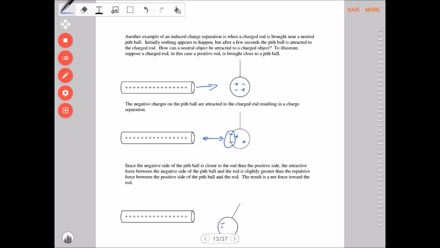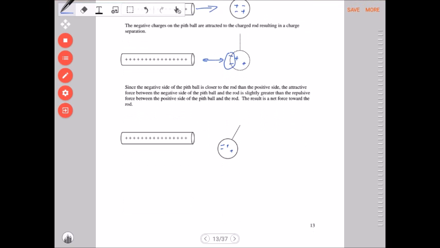So we end up with the pith ball moving towards, or being attracted to, the positive rod. Crazy, but that's how a positive charged object can attract a neutral object. We get this charge separation and it attracts.